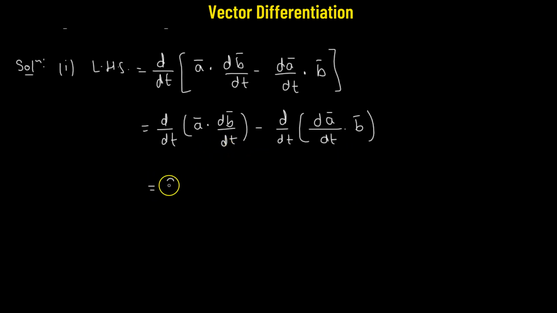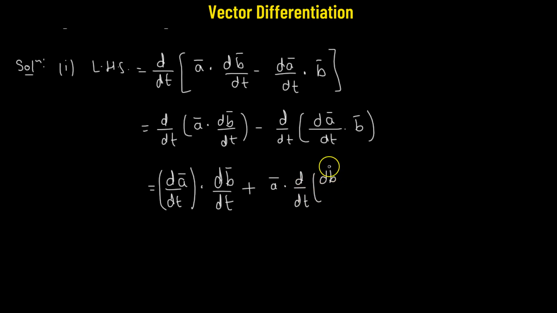We first take the derivative with respect to t of vector A, dotted with dB over dt, plus we keep vector A aside and dot it with the derivative with respect to t of dB over dt.